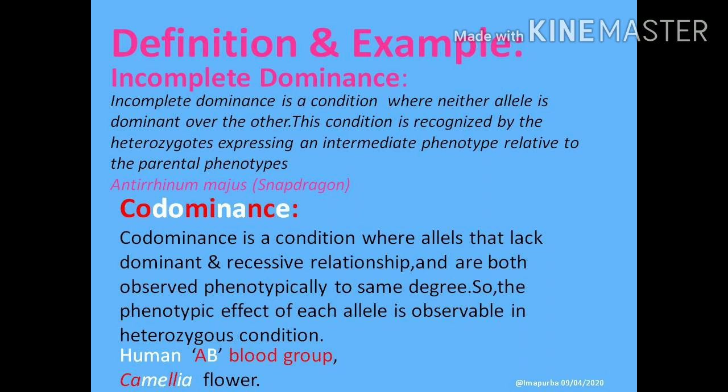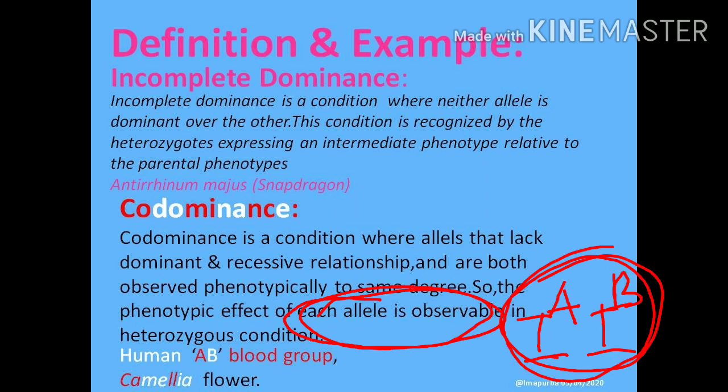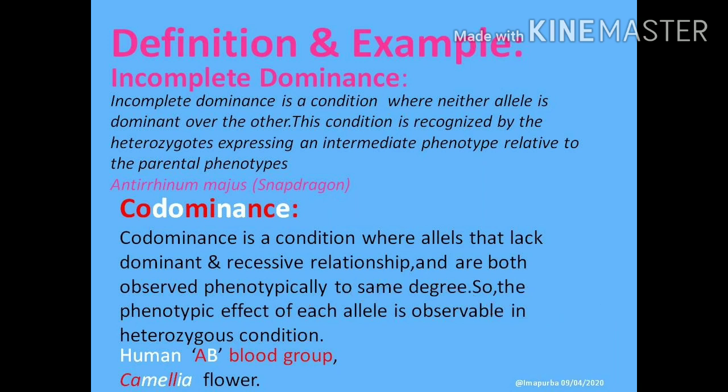Why AB? Because that blood group possesses both antigen A and antigen B. I have written another example, the camellia flower of red color with white spots, which is a hybrid product of red and white parents. That's why it is an example of codominance.